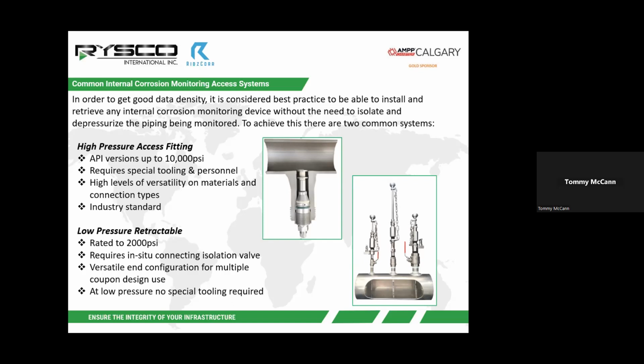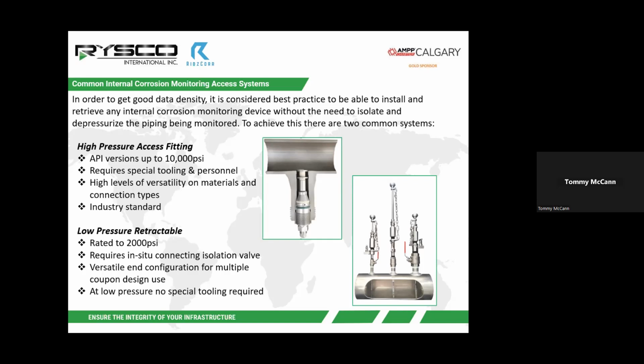There are two common systems within the industry. The most common would be the high pressure access fitting. You can have those rated up to 10,000 PSI if you have an API flange. They do require the retriever tools, and people who can use them safely.